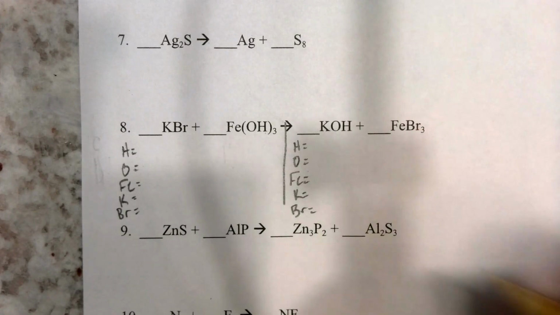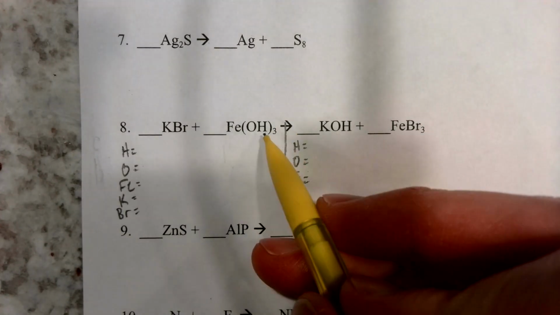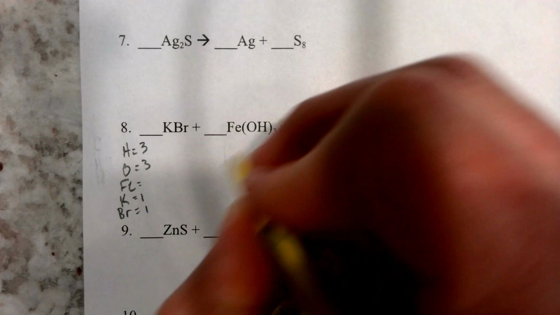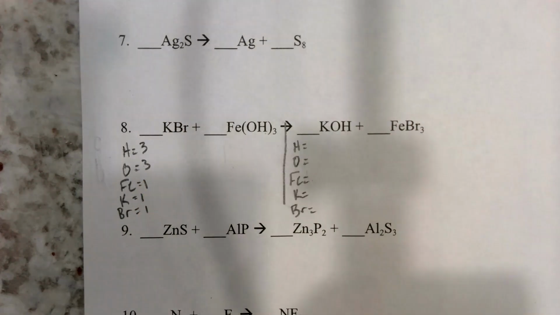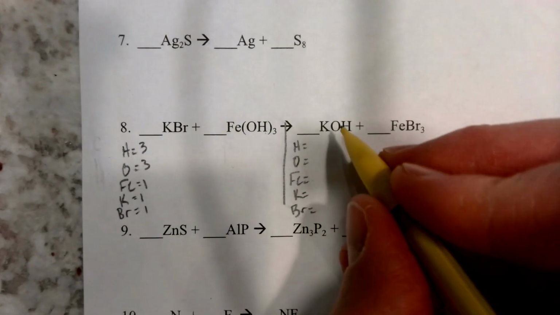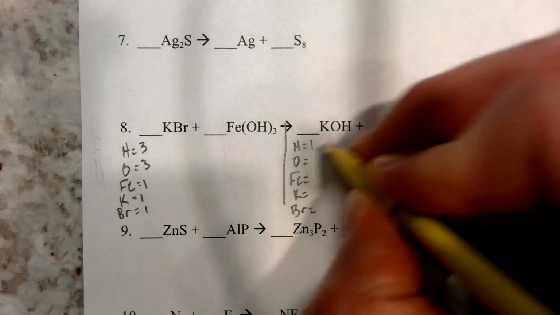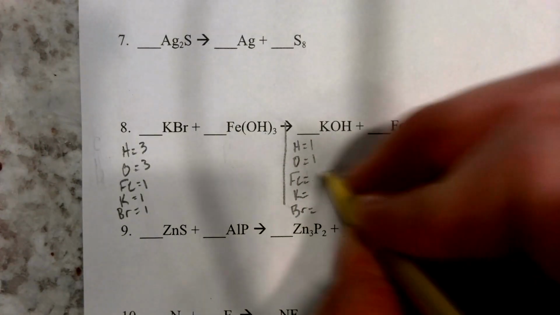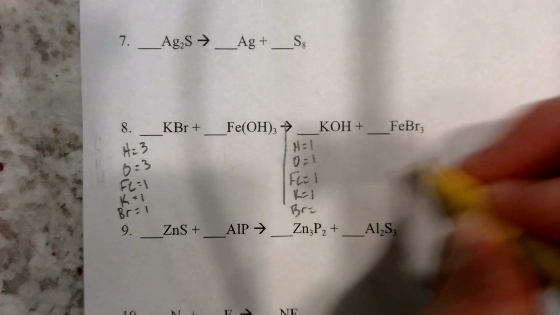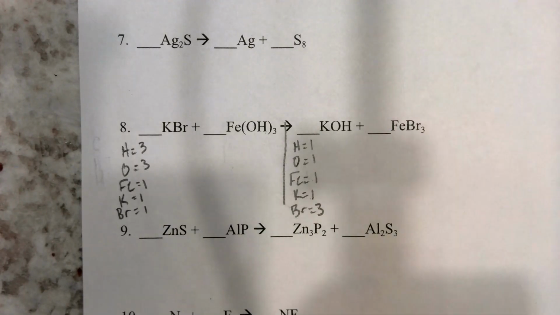That seems like it'd be fair. Alright, so H's and O's, we've got 3 of each. We've got 3 there, 3 there, 1 K, 1 Br, 1 Fe. Great. Moving it over to the other side, we've got 1 H, 1 O, 1 Fe, 1 K, 3 Brs.